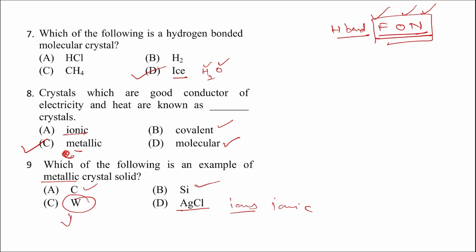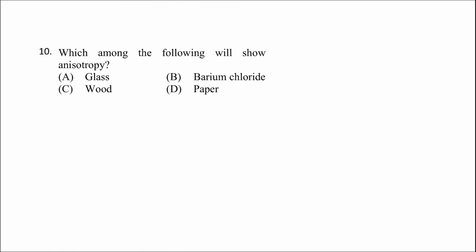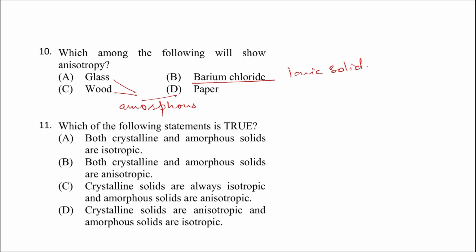So tungsten is a metal, that's why it is a metallic solid. Next is our 10th question: which among the following shows anisotropy? Again the same question came. Glass, wood and paper, they are all amorphous solids. Only barium chloride is the ionic solid.